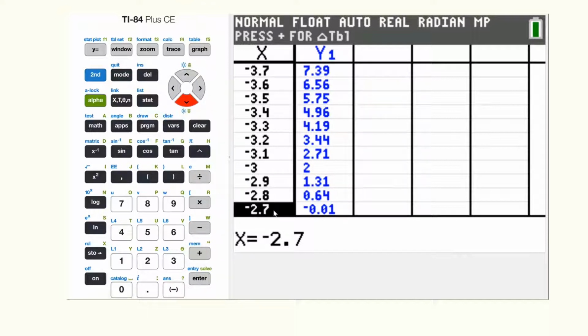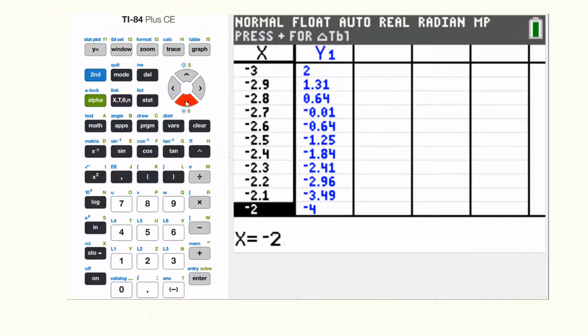So now I know this root is somewhere between -2.8 and -2.7 on the x-axis, and it's pretty close to that -2.7.